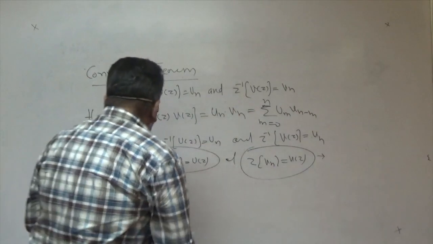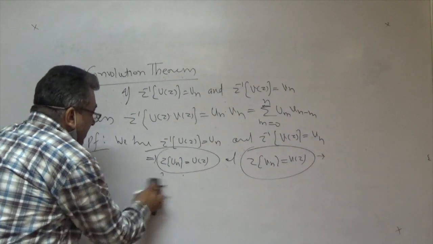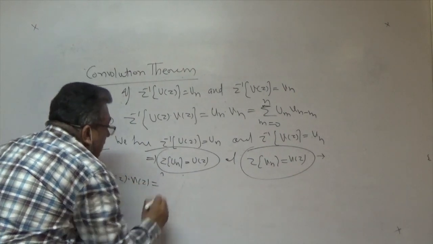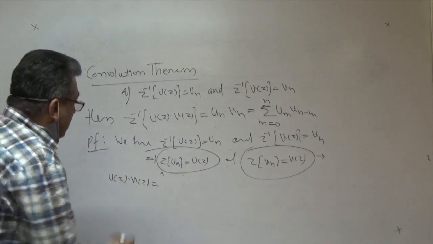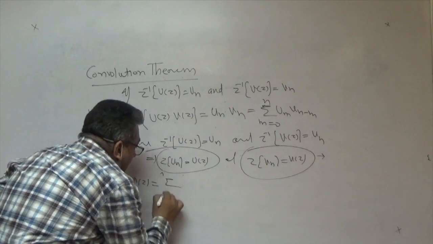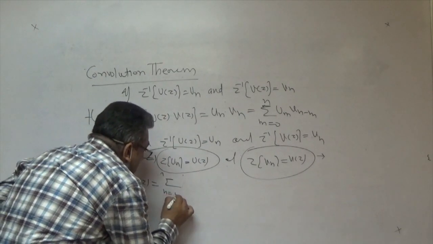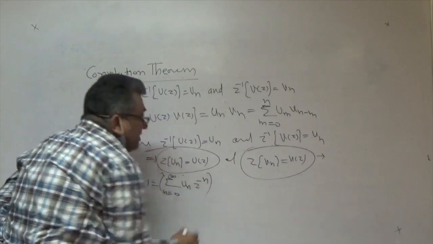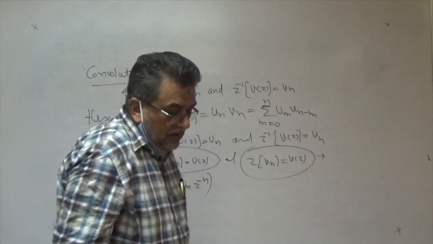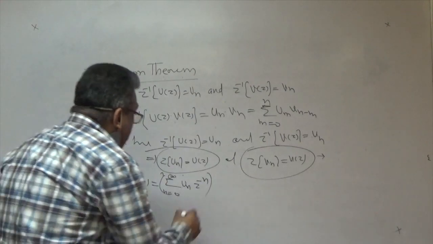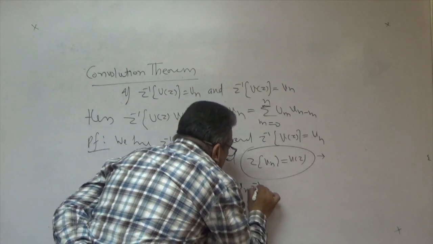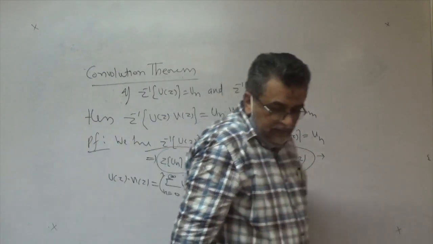So first we take u(z) and v(z). u(z) is the sum from n equal to 0 to infinity of u_n z to the power minus n, and another series is the sum of v_n z to the power minus n.